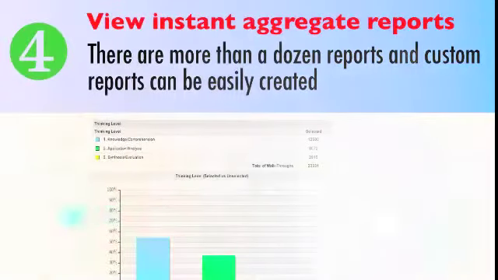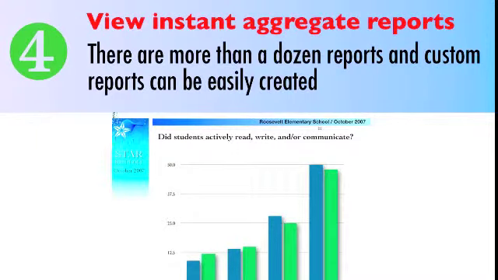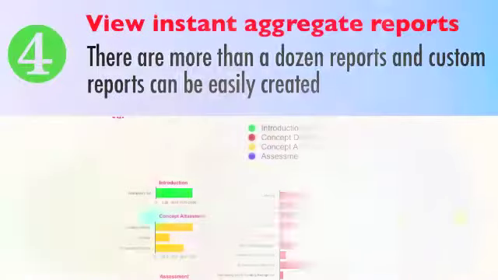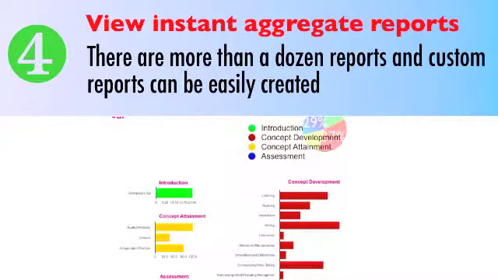When the data is on the web, there are a multitude of reports and graphs that you can use to analyze and interpret the data that you've collected. And with the iPad, you can also view these same graphs and reports.